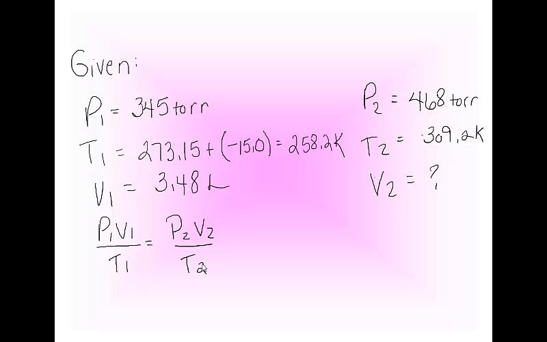Whatever, you get the same thing. Again, whatever floats your boat. If you want to rearrange for V2 first, that's fine. I'll put in the numbers. Since there is no R, I can leave the pressure in torr. They don't have to be specific units, but they do have to be the same units.